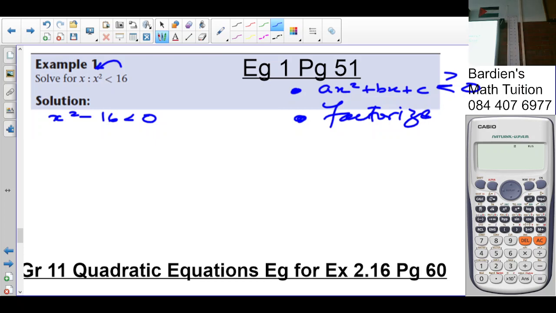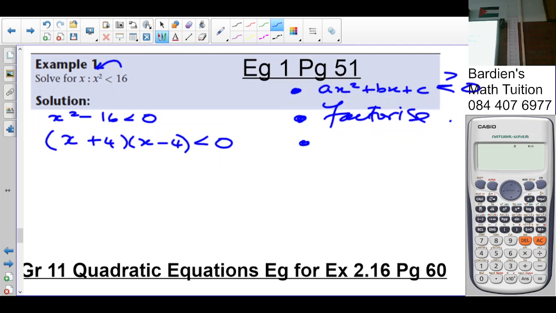I know in South Africa we say it with the S, factorise. So let's factorise. What do we get? x plus 4 and x minus 4 is less than 0. Not so?